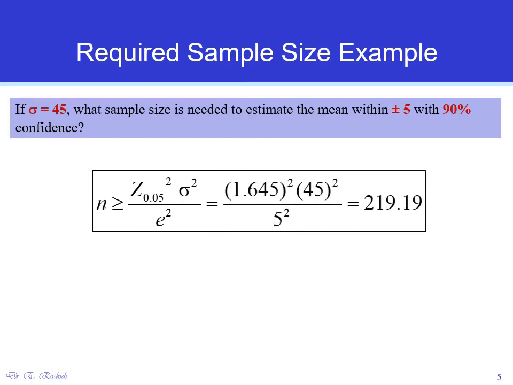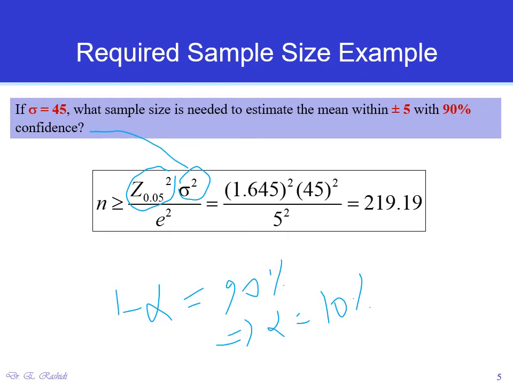So we're going to plug in this formula. n should be greater than the critical value of 5% because 1 minus alpha is 90%. This means that alpha is 10%. So z of 10% divided by 2 is z of 5%. So we find z of 5% squared, times sigma, 45, squared, over E squared.